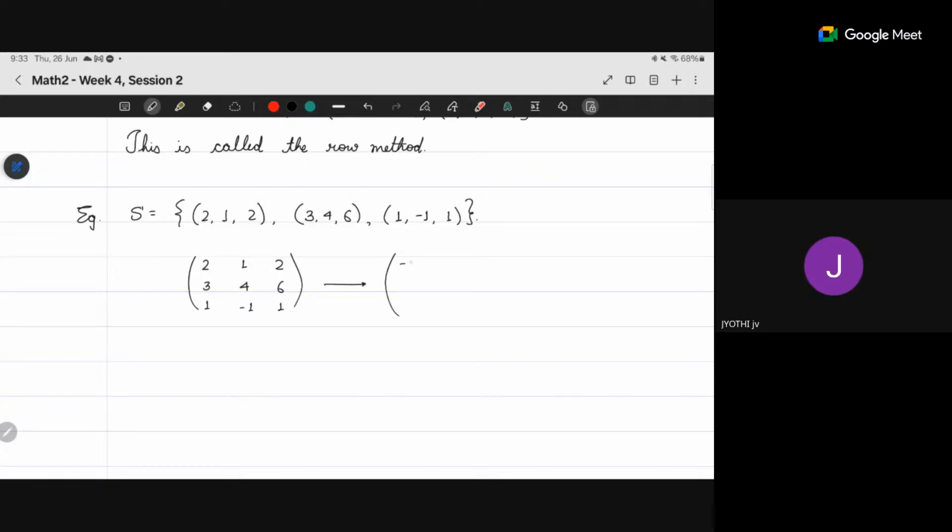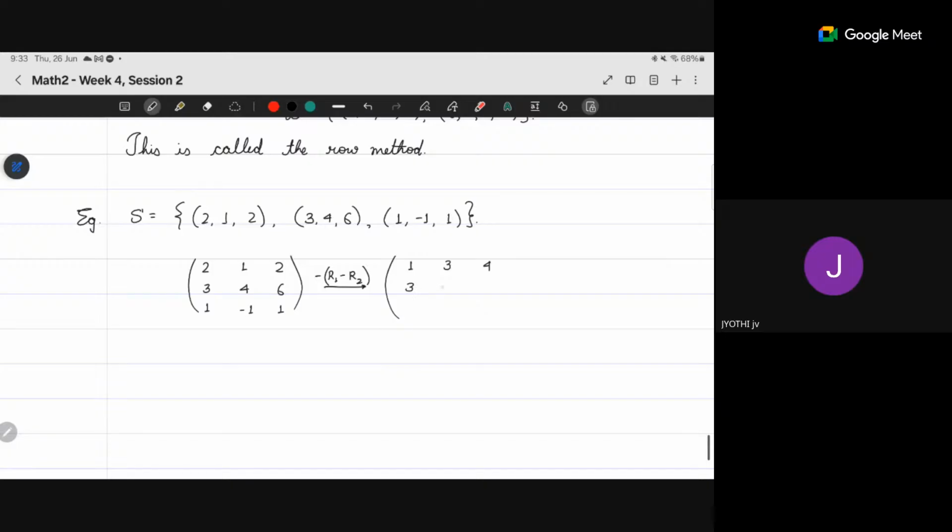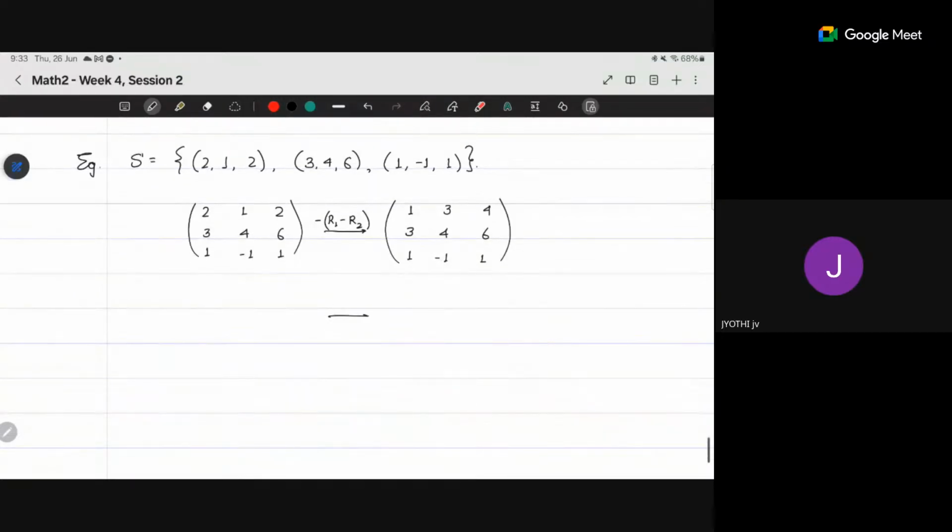So here what I'll do is this. I'm doing R1 minus R2 because I don't want to get this divided by 2. So I'll do R1 minus R2 and then take a negative sign, I'll just do minus of that, to get a 1 in the first position.